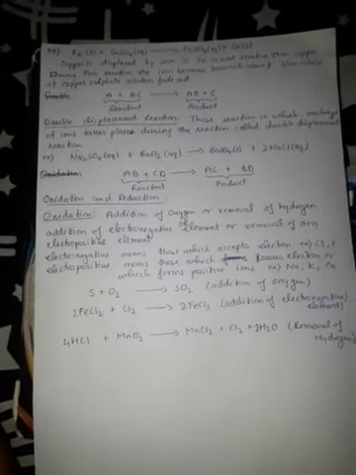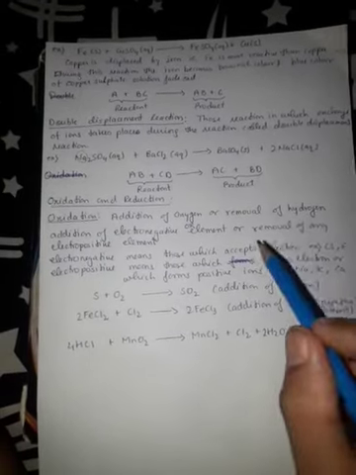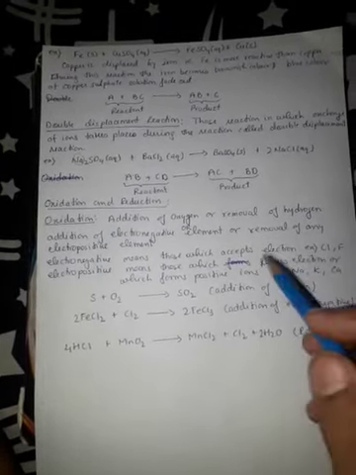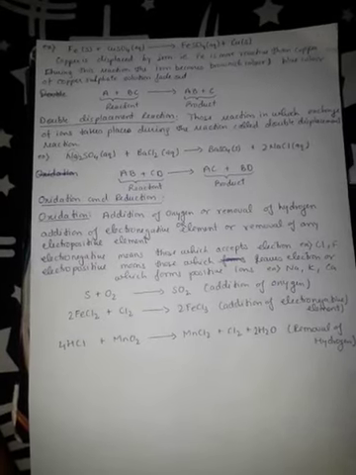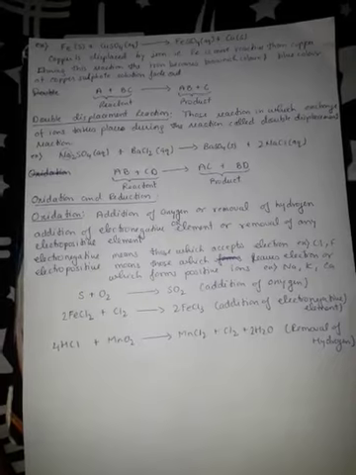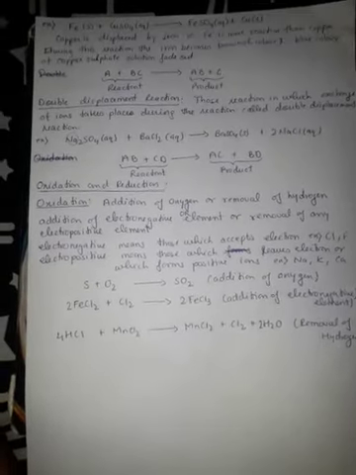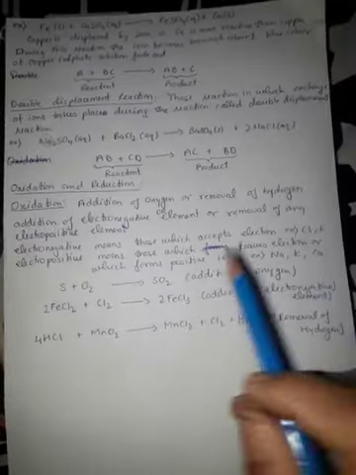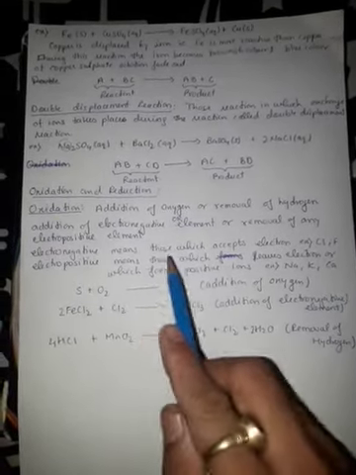So that is why it is called electronegative element, which accepts electrons. And which releases electrons, or forms positive ions, for example sodium, to become stable, it releases one electron and forms Na plus. So it is an electropositive element which forms positive ions.